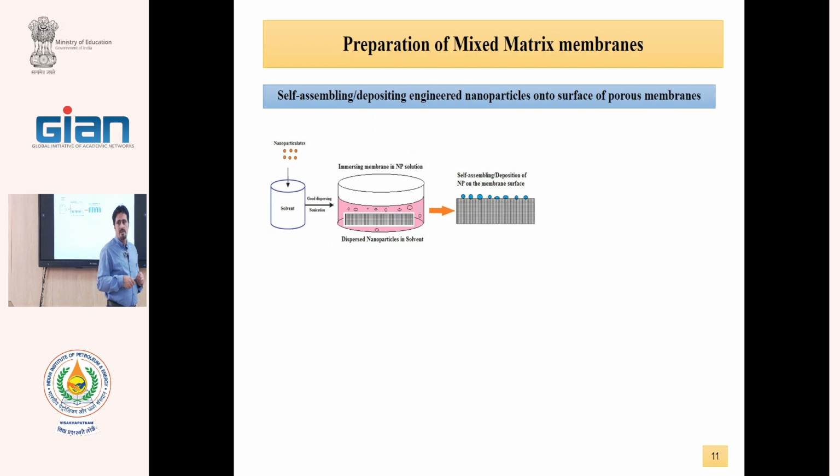For increasing the attachment, we now use atomic layer deposition and magnetron sputtering. In this case, we have ready nanoparticles, and we only deposit the nanoparticles on the membrane surface.